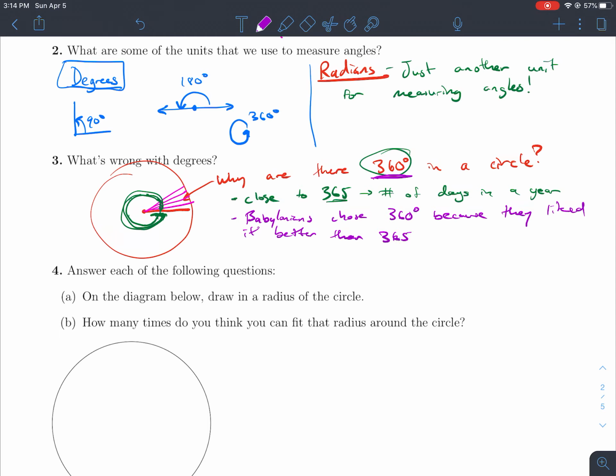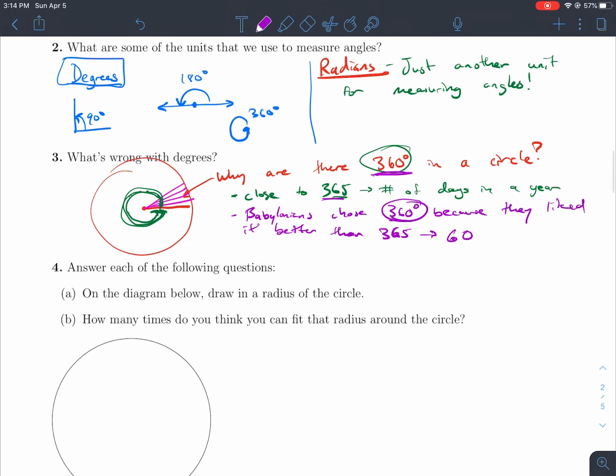And the reason why they liked it better was the symbols that they used for doing math were very connected to the number 60. And so because 360 was 6 60s, they kind of liked that. And so they just said, you know what, we know it's 365 days in a year, but we're going to make it 360 just because we like it better.